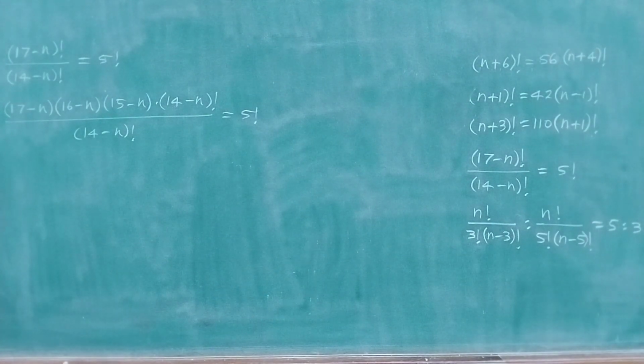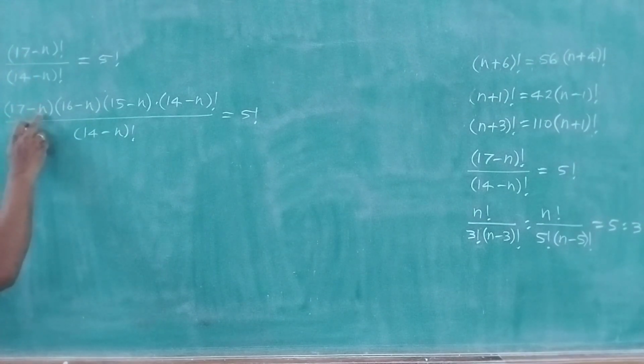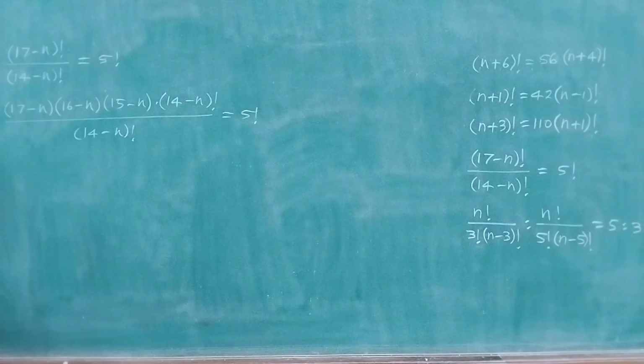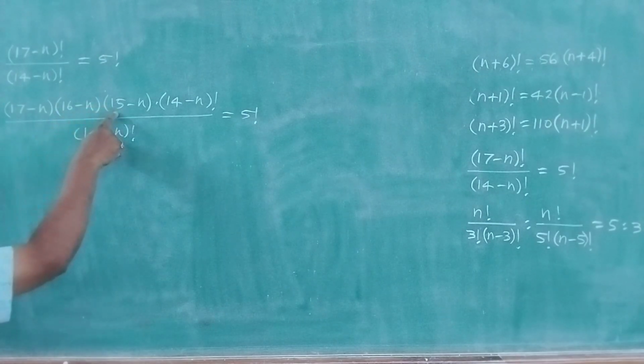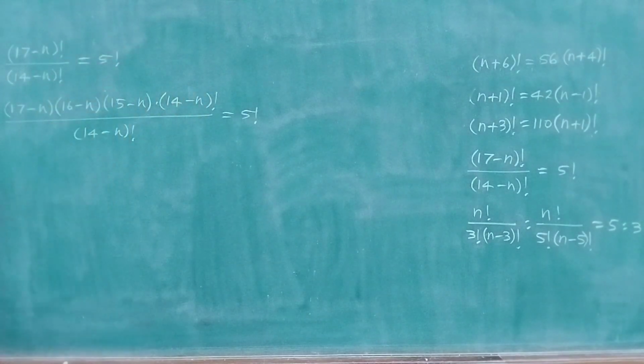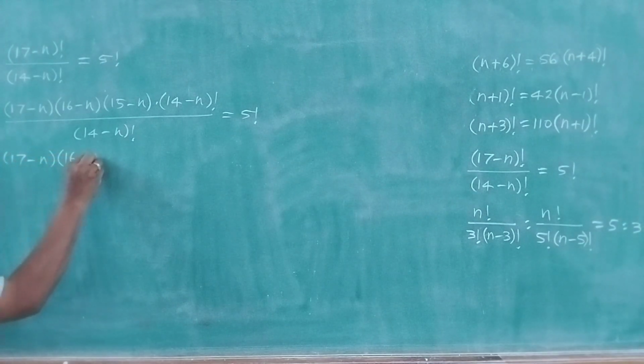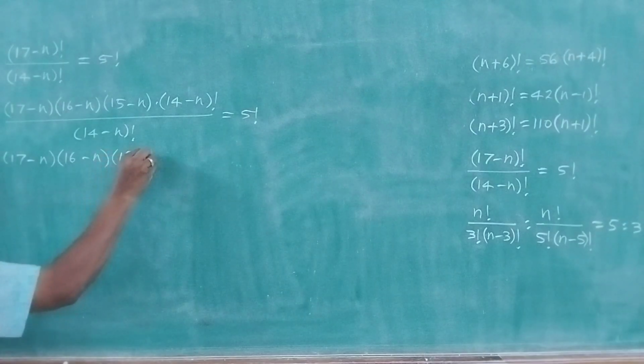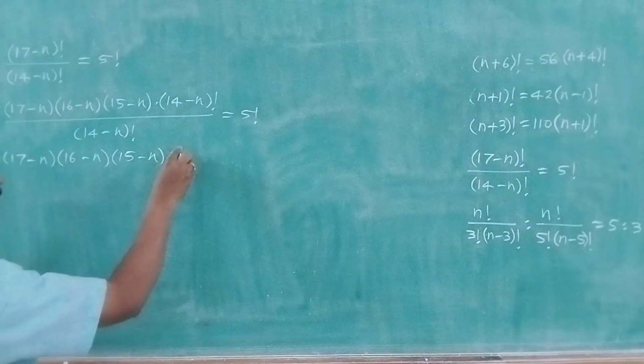Check once. (17-n)! will be written as 17-n, then 17-n-1 which is 16-n, 15-n, and the remaining elements (14-n)!, which gives you (17-n)(16-n)(15-n) equated to 5!.